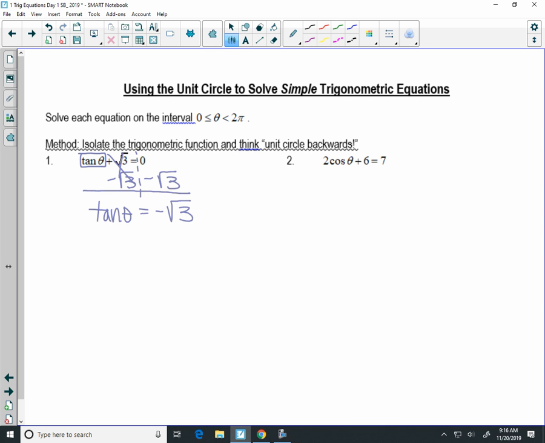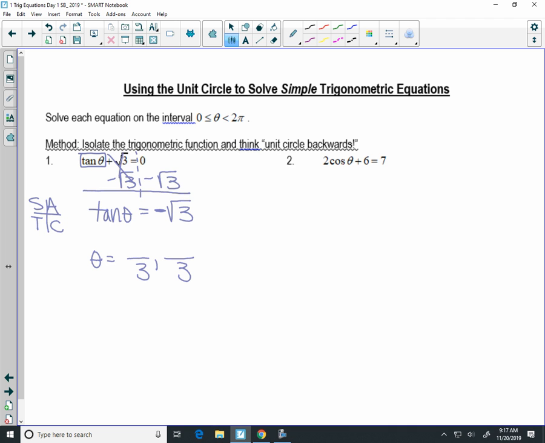So I know tangent is radical 3 at my thirds. So I'm going to build in that denominator. And I know tangent is negative. Here is our little diagram that some of you drew with every single problem on your test, and respect. It was beautiful.